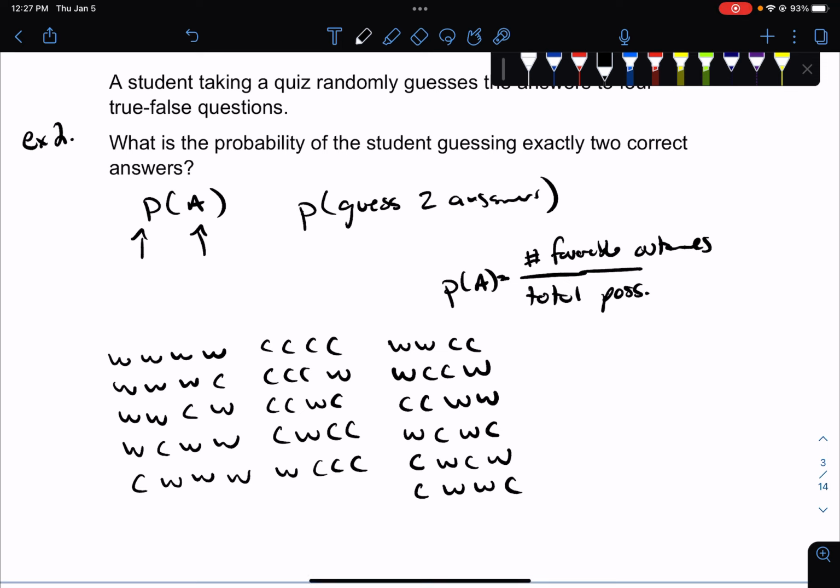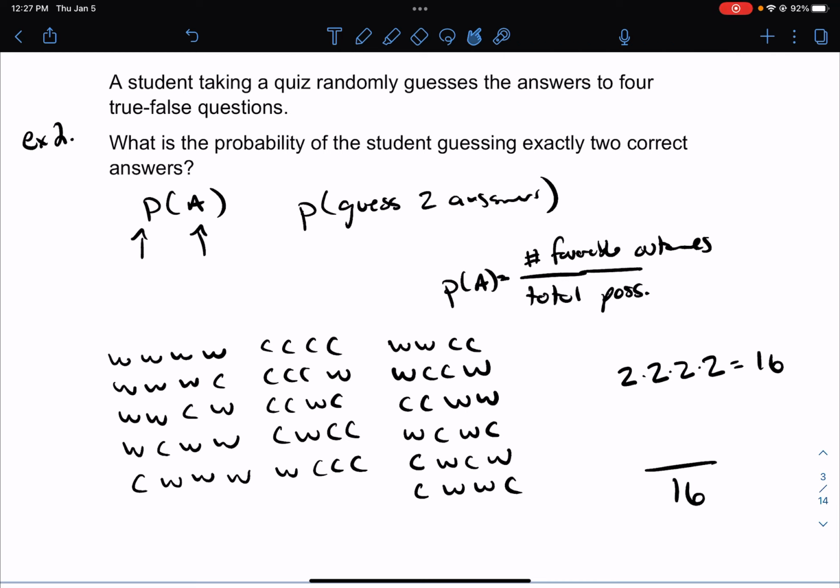So there's 16 different possibilities, which I could have figured out earlier because I know that I'm guessing on 4 questions. And there's 2 possible answers to the first question, 2 to the second question, 2 to the third, 2 to the fourth. If I times those together, that tells me that my bottom number, the total possibilities, is 16.